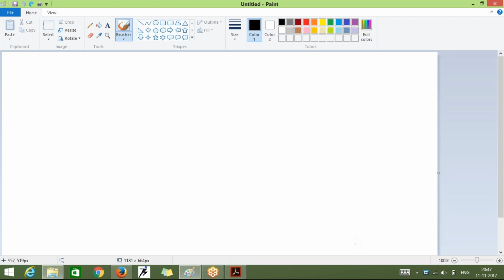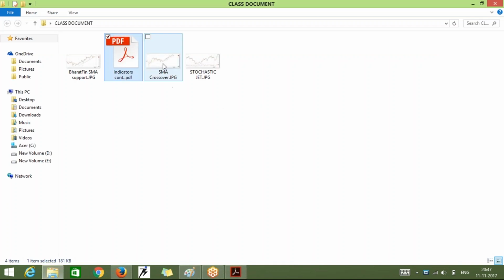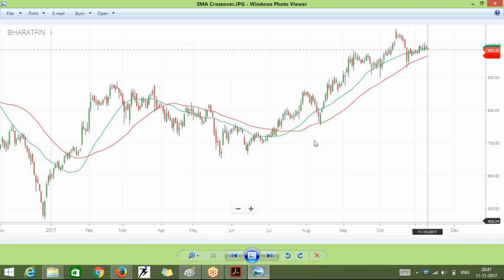Now let me come to a chart. Is this chart visible? So here, exactly as you have said, the green one is the smaller period SMA, and the red one is the greater period SMA. I have taken here a 25 and a 50 period.